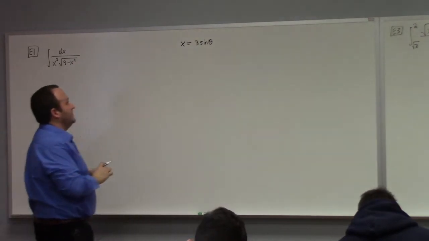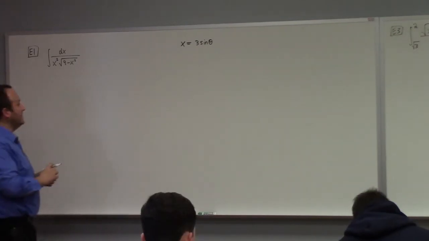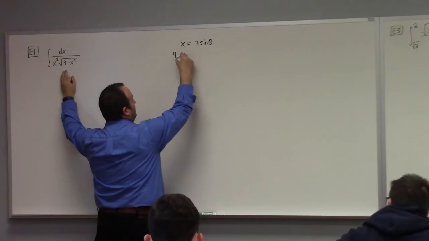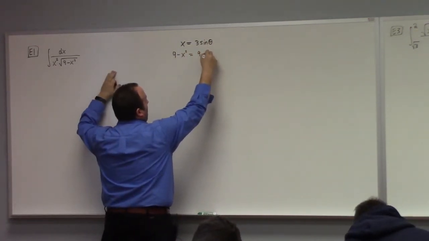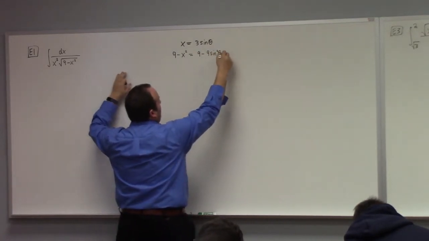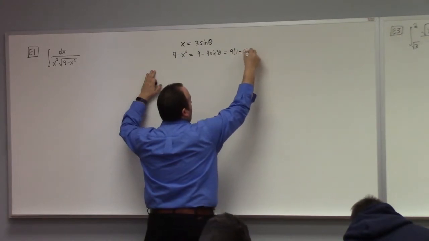You're like, well, why would you do that? Because if I do set x equals 3 sine theta, what does the thing inside the radical become? What's 9 minus x squared with this substitution? Right, so we can factor the 9 out. What's 1 minus sine squared theta?